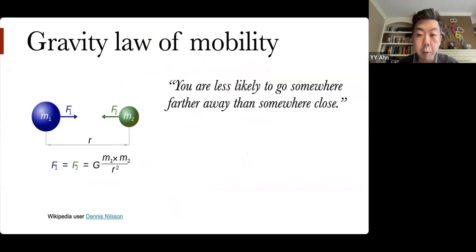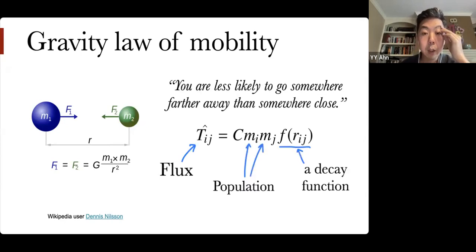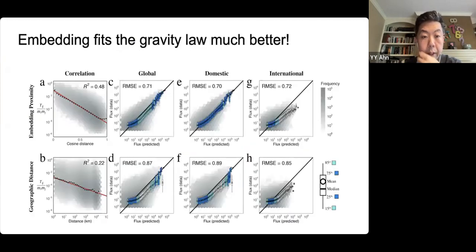The idea is super simple: you are less likely to go somewhere farther away than somewhere close. So it is expressed like this. The flux, the number of people moving between two places, should be proportional to the product of population, which is the most basic reasonable assumption, and then a decay function of the distance between them.